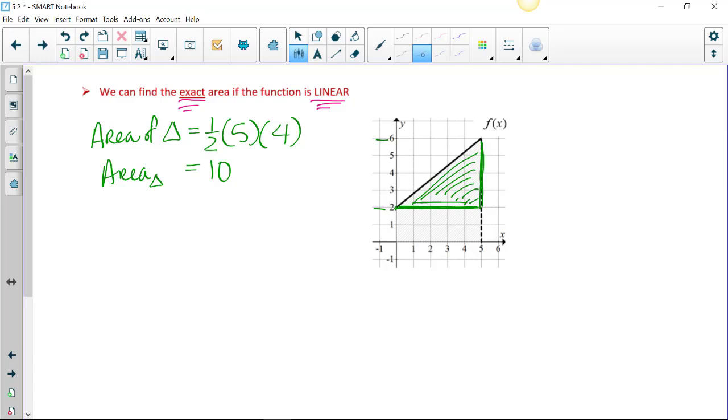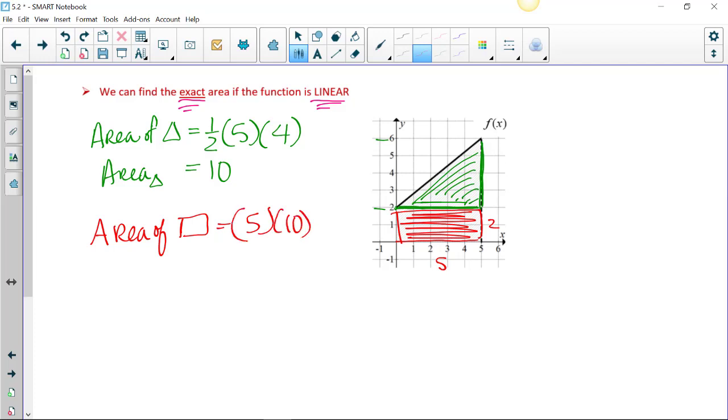All right, so then we can use this region here as a rectangle. Area of the rectangle is base times height. Area of my rectangle then is 5 by 2, which happens to be 10.